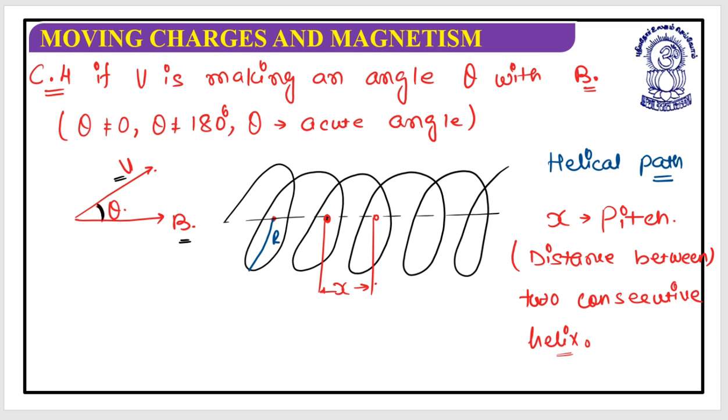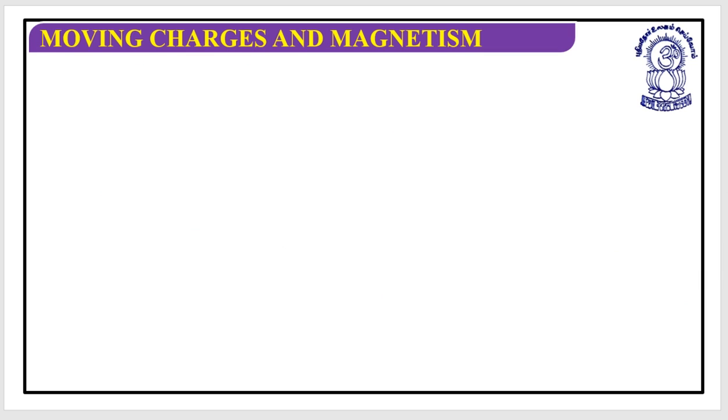Let's look at the situation: this is B, this is theta, this is V. If I make components of V, this component is V cos theta, and this component is V sin theta. So what is the radius of the helix?